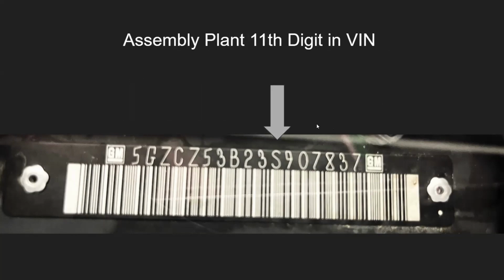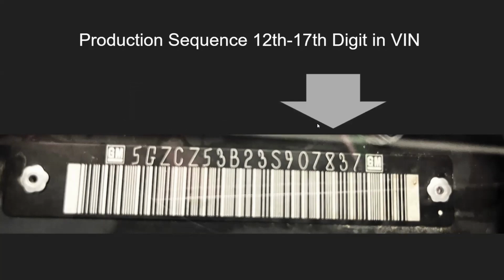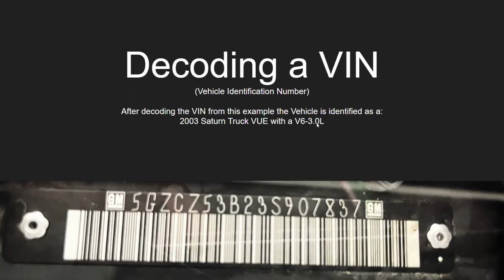Each of these numbers and letters represent the DNA of the vehicle which you're working on, for example. So this vehicle, after going through it, is a 2003 Saturn Vue with the 3.0 liter V6. You can gather this information off of any vehicle identification number, depending on the manufacturer.